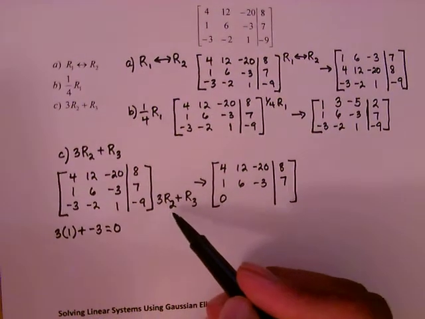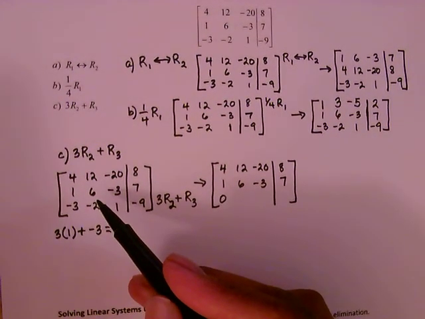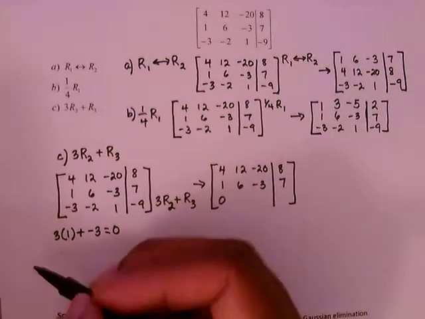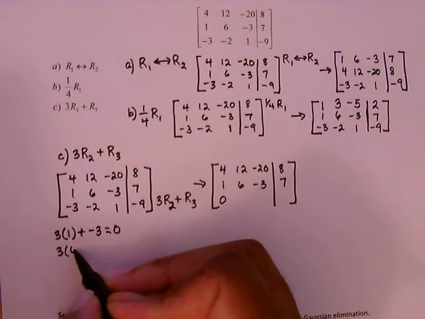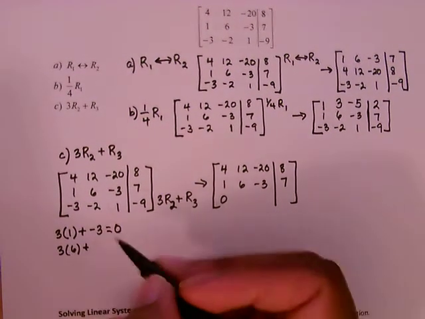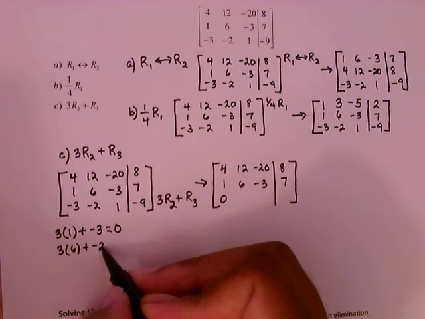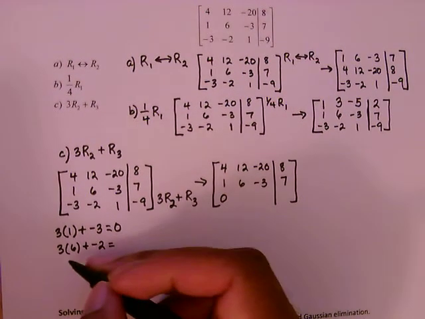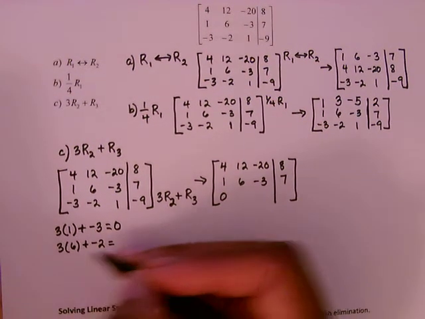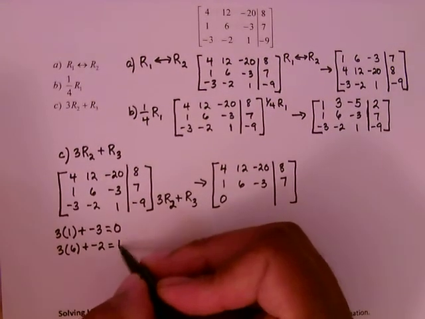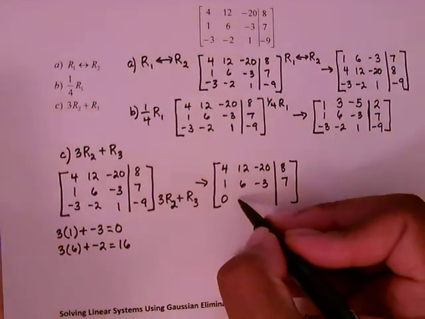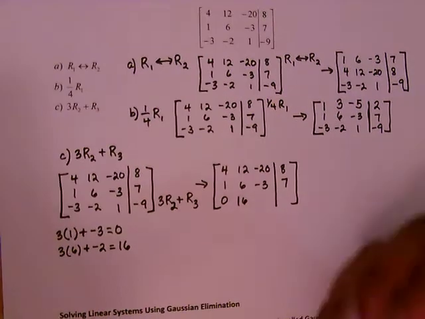And then 3 times the next element in row 2, that's 6. So it'd be 3 times 6 plus its corresponding element in row 3, -2. So 3 times 6 is 18. 18 plus -2 is 16. That's going to go here.